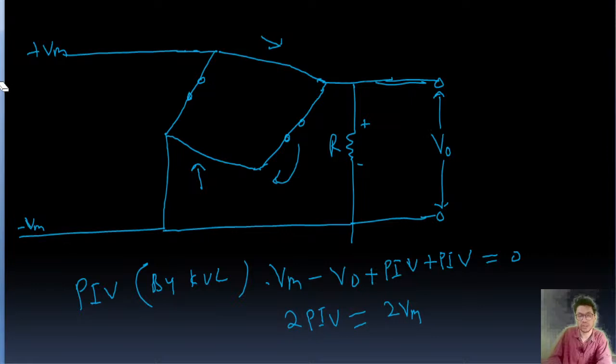PIV is Vm. So this is the peak inverse voltage for the bridge rectifier, guys.